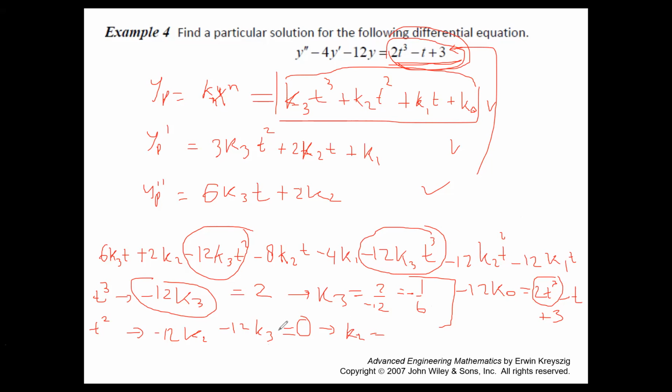Because K3 is negative 1/6, if you substitute that, with the negative it becomes positive, times 1/6 here, so that will become also 1/6. Here you can have this equation and just manipulate it. So K2 will become 1/62. Okay, you can take a look again later on.